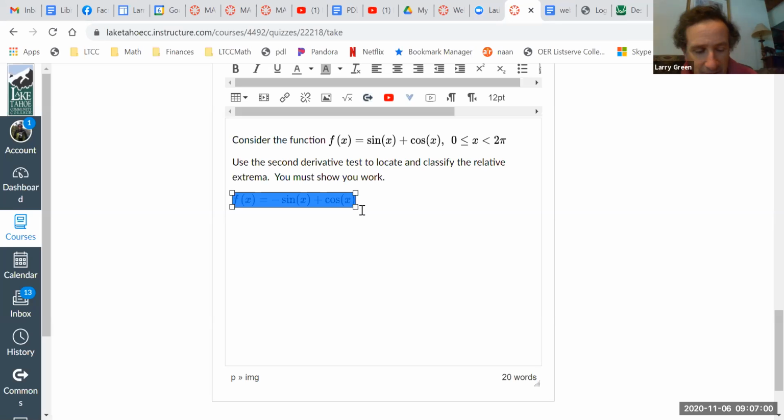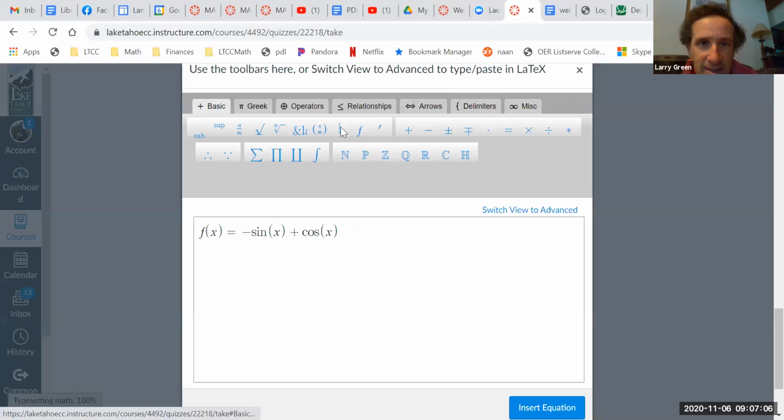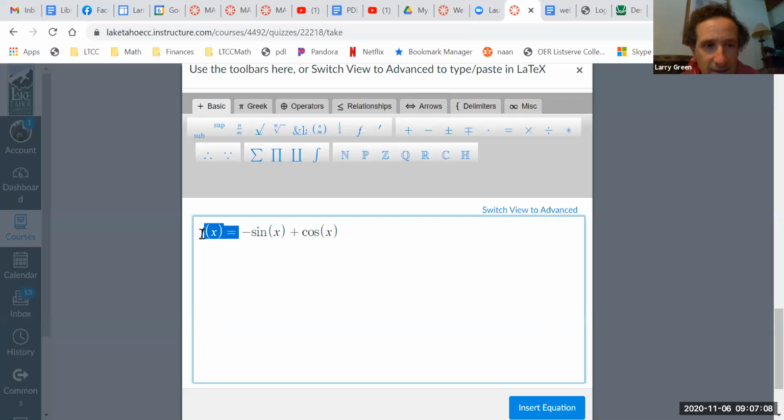Yeah, and you are responsible for knowing very basic trig. So I'm going to set negative sine of x plus cosine x equals 0. That's the same thing as sine of x equals cosine x. Or maybe I'll write cosine x equals sine of x.